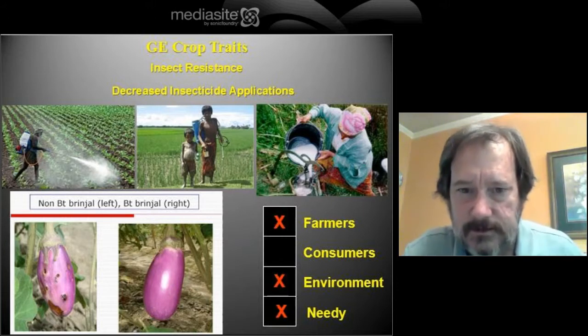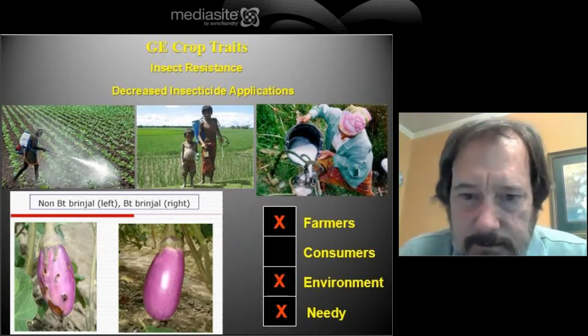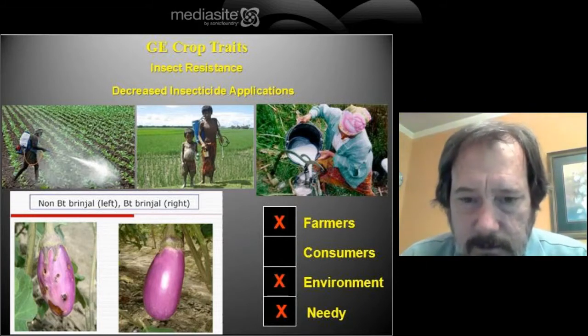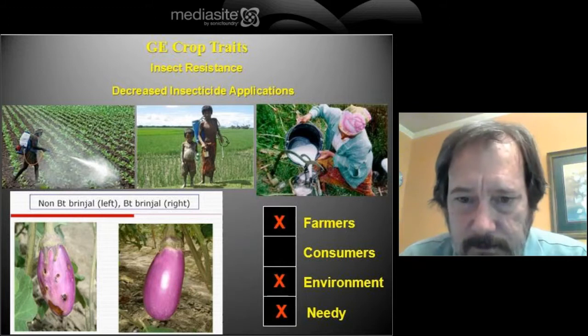There's also insect resistance in some other crops, and this is Bt brinjal, which is not approved in the United States, but it has been approved in Bangladesh and is currently under consideration in a couple other developing countries.